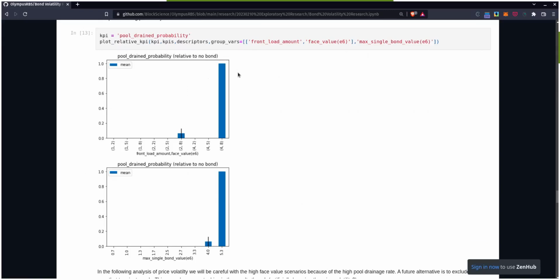And my understanding is there's a huge bond being released, the first bond with the shortest tenure. So we can also look into the max single bond value here, meaning among the 3 bonds, which one has the max single value and what's the value. And here we can see with this single bond of 5.3 million, the pool draining probability just skyrockets.